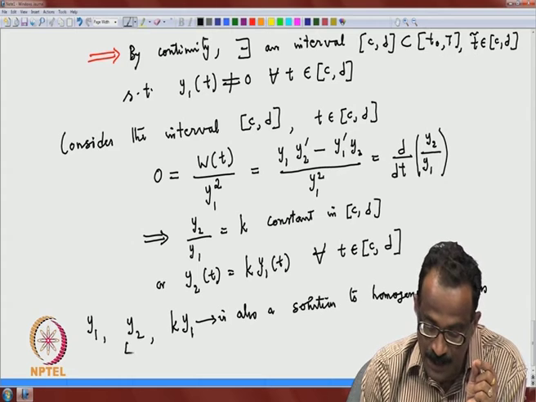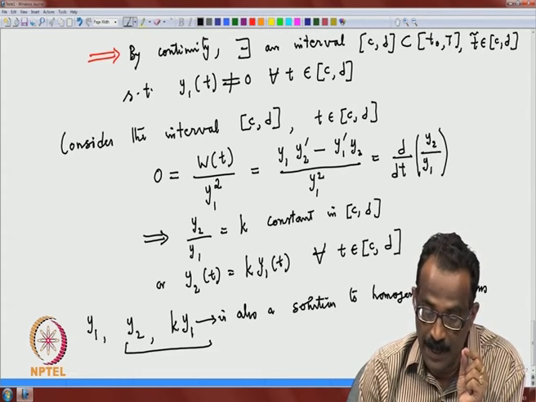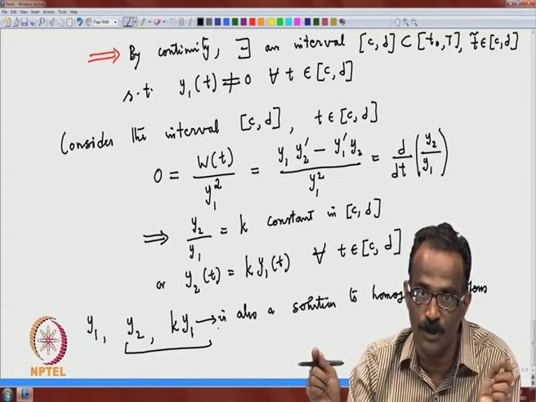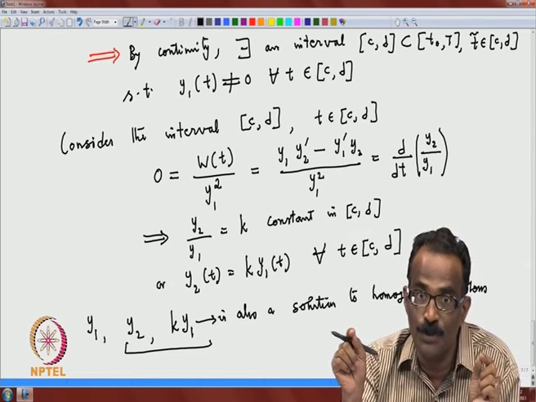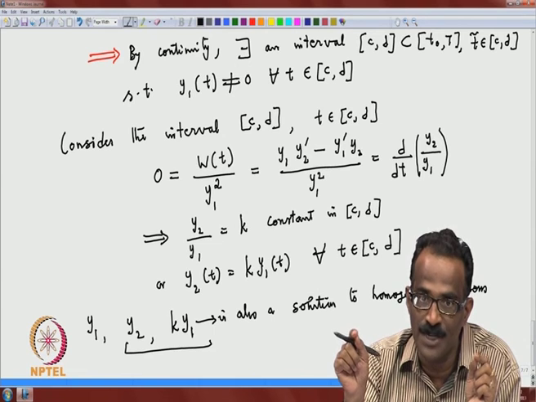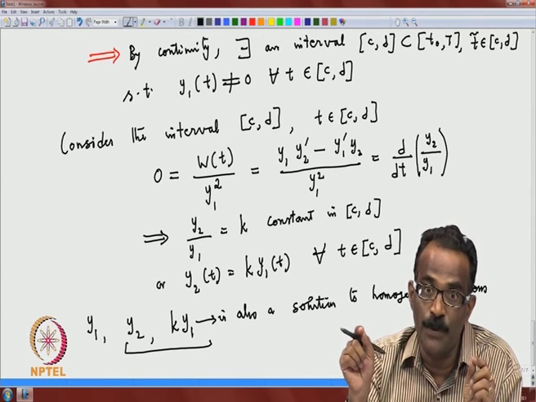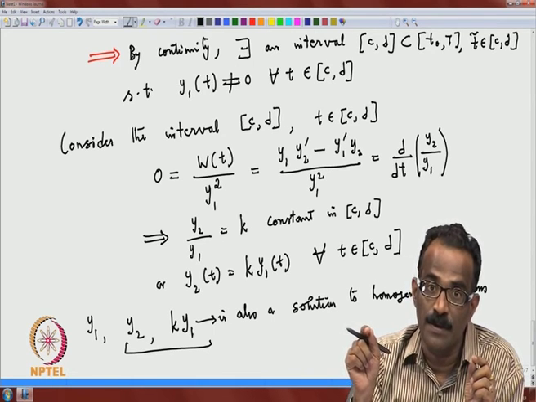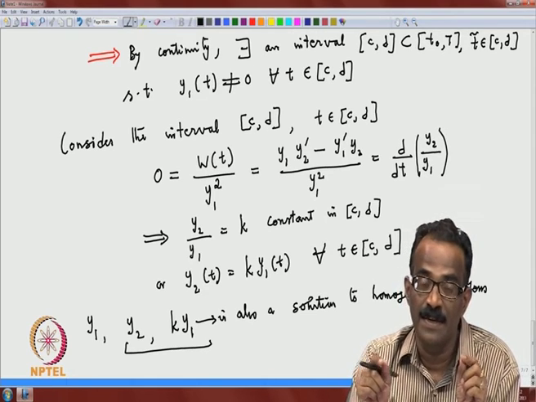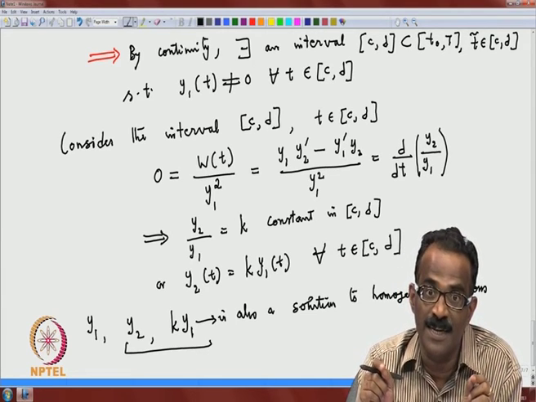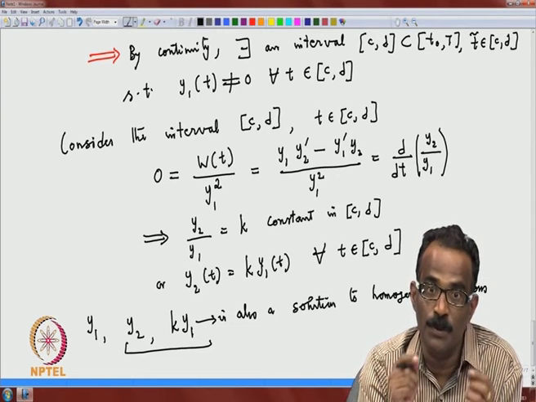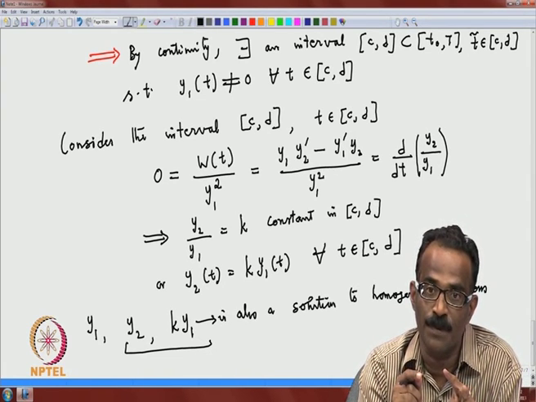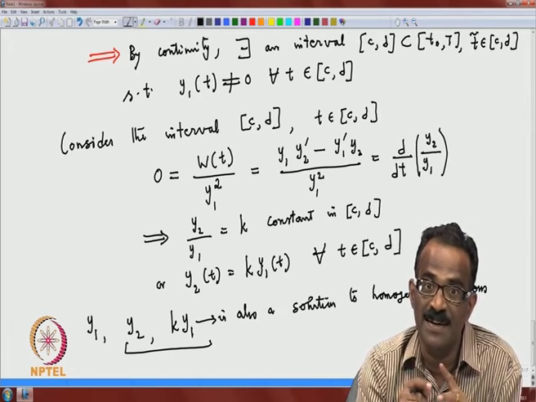But y2 is k y1 in that interval. This is a very subtle argument. k y1 is a solution in t naught to t, y2 is also a solution in t naught to t, but y2 and k y1 coincide in CD. Since they coincide in CD, their derivatives will also coincide in CD. So you have two solutions to your homogeneous problem with the same initial data.